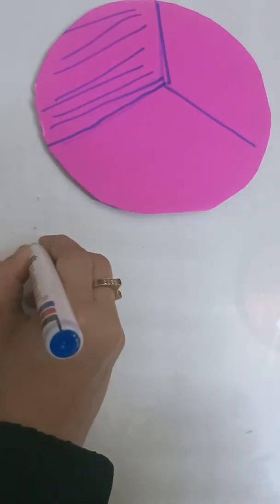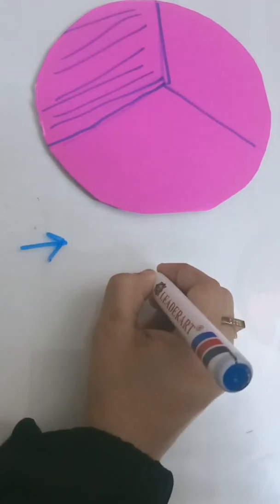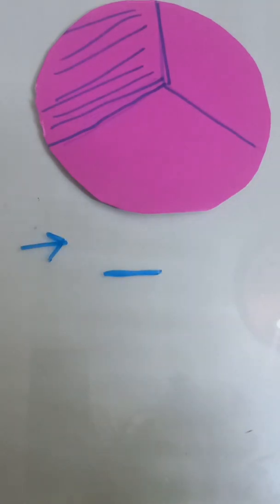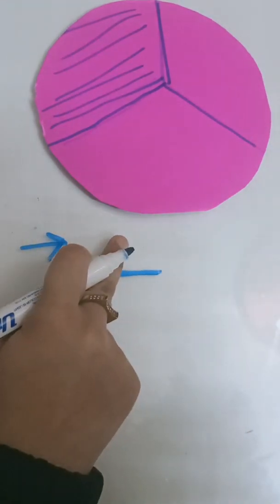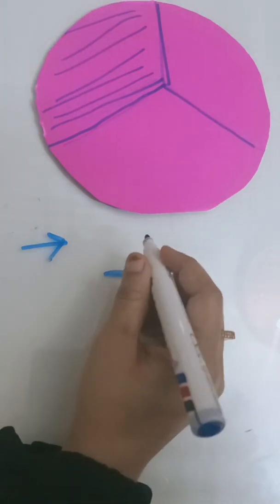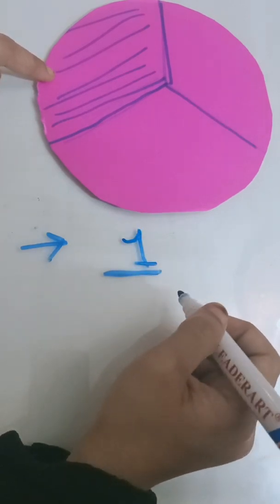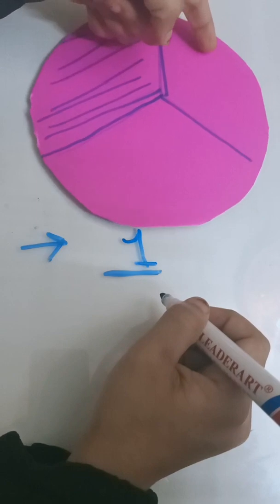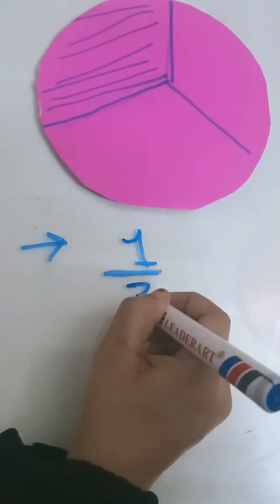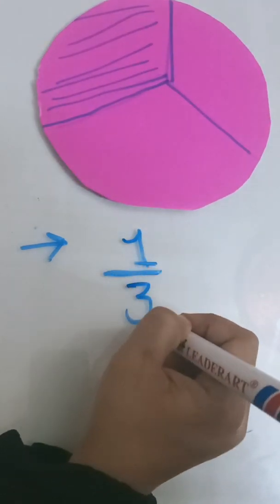Okay, how to write it? First put the fraction bar. Numerator, give me what? Colored part. How many colored parts here? 1 only. So write 1. Okay, how many all parts? 1, 2, 3. So we have 1 over 3.